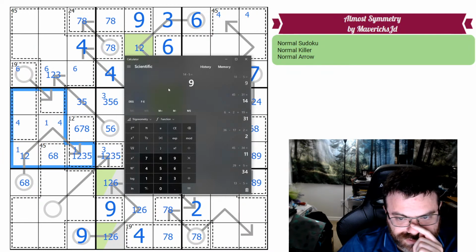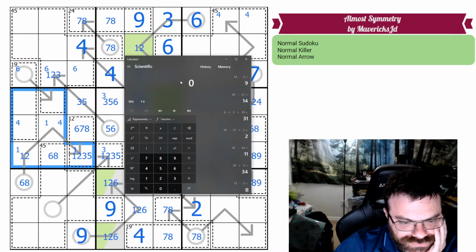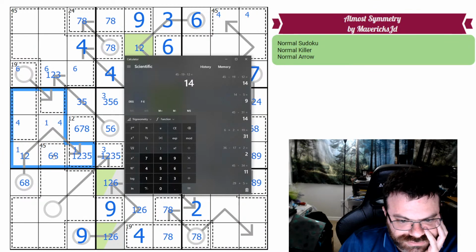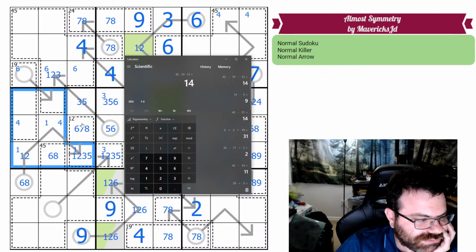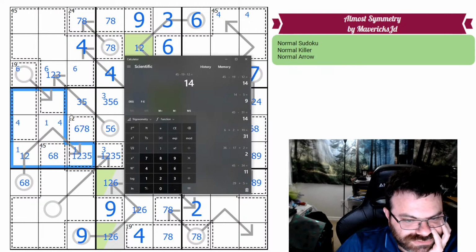There's no way to get 14, right? If this were 6, then I'd have 45 minus 19 minus 12. That leaves 14 left. There's no way for these two to add to 14. You're saying it is a 7?